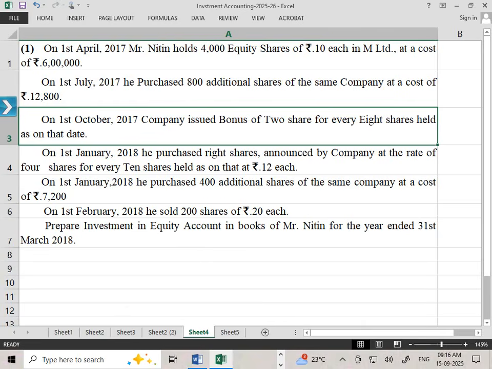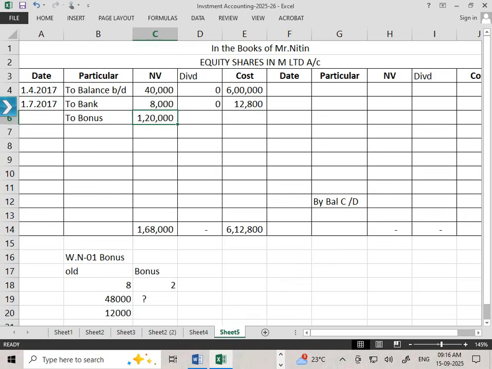What is the date? The date is 1st October 2017. So here 1/10/2017, 2 bonus. Dividend column 0 here, and cost column also 0, because we don't have to pay anything.